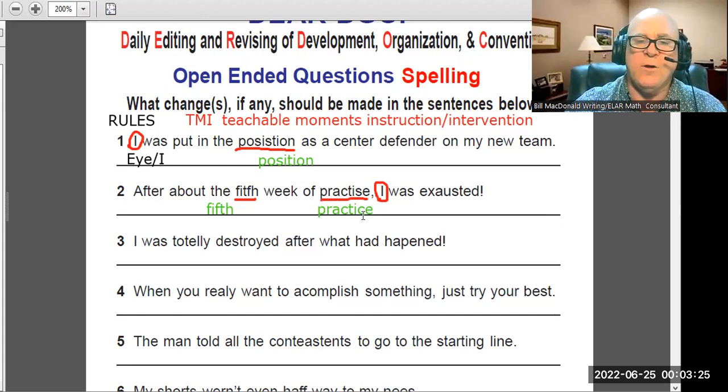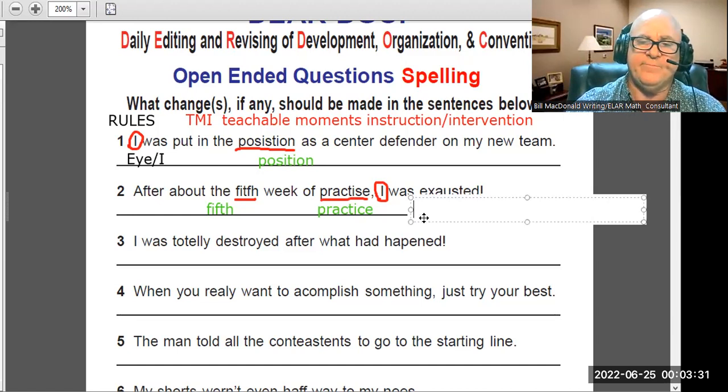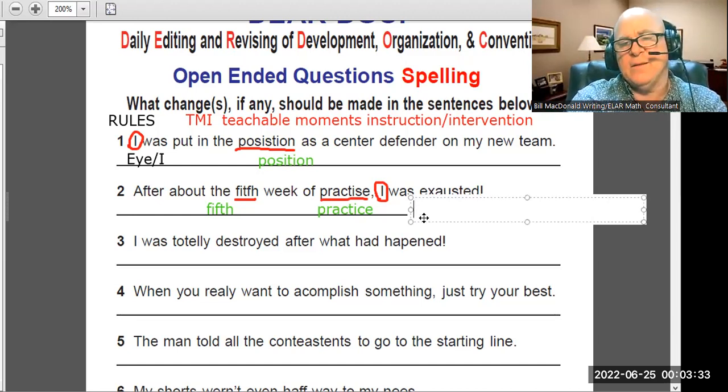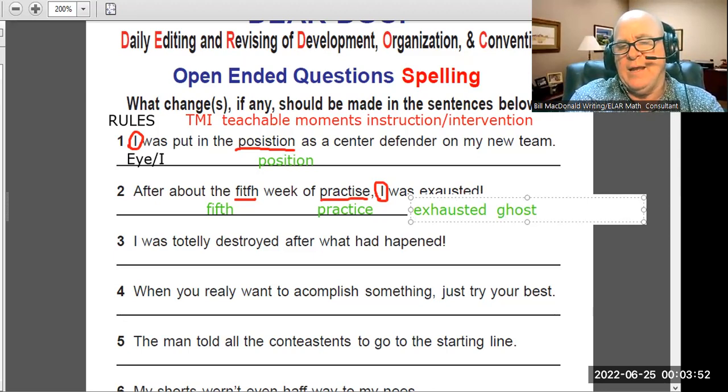Okay. One more that I think doesn't look right is exhausted. So exhausted has a silent H. And even though we don't say it, it's there. And the only way that I can teach that in a way that you might remember is the word ghost is very similar. The H is there, but it's silent.